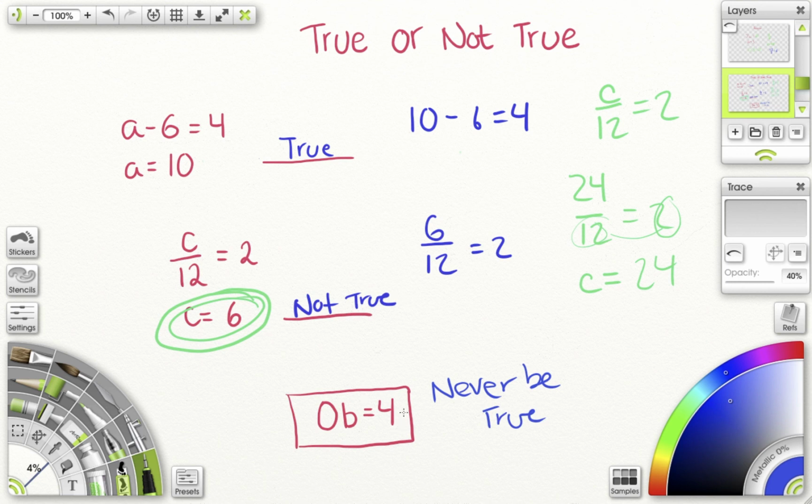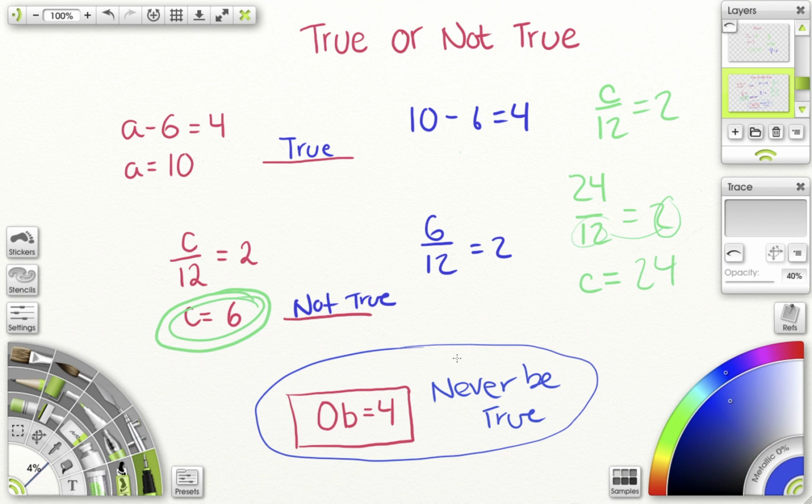All right, so this is a little bit of a special problem here. The reason I outline it is because there is a problem like this in your sheets where you have to explain why the statement can never ever be true. All right, so that's what you're going to be doing today. You're going to be given a bunch of problems. The first section is you're just labeling them as true or not true.